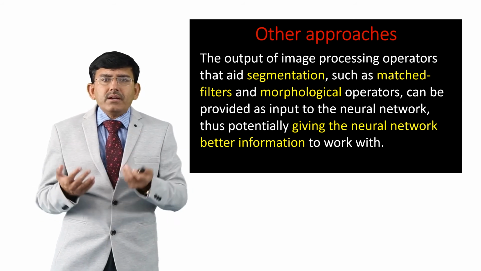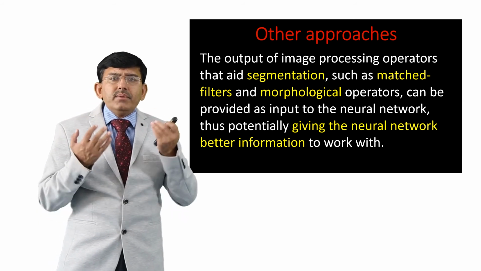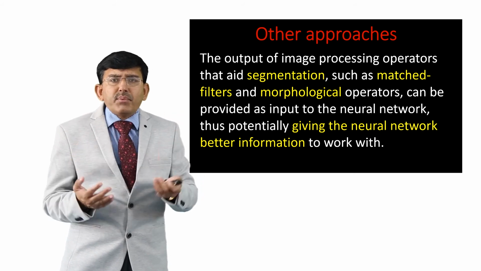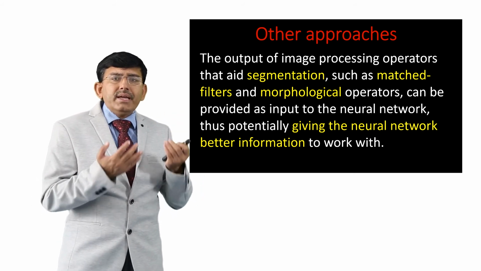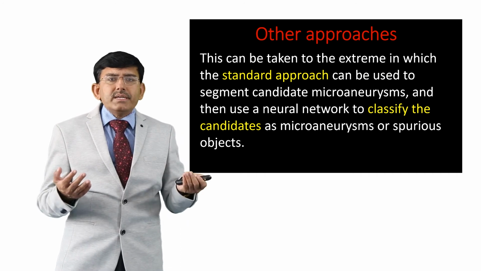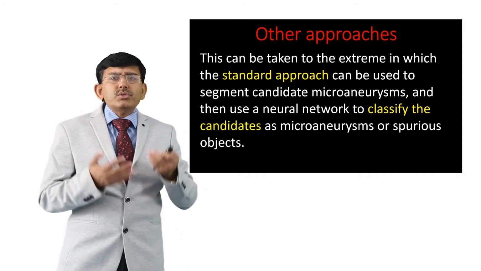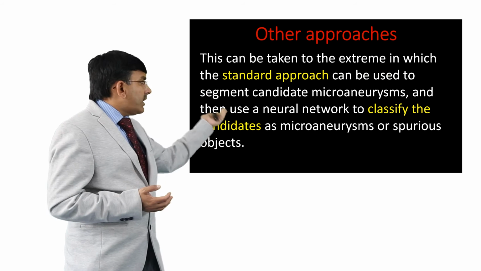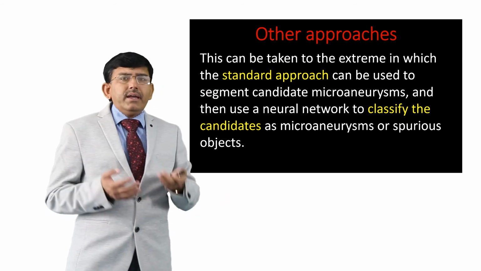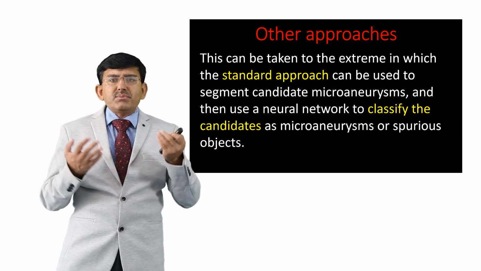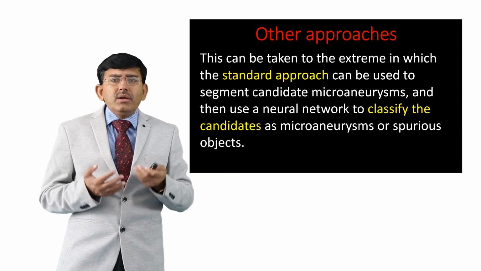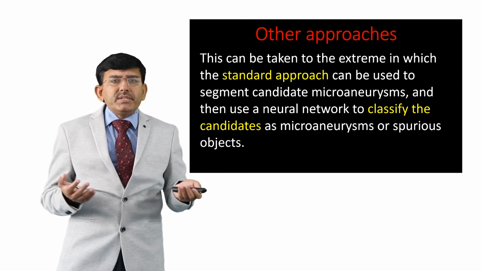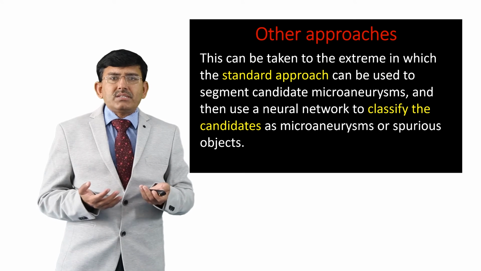This can be taken to the extreme in which the standard approach can be used to segment candidate microaneurysms and then use a neural network model to classify the candidates as microaneurysms or spurious objects present in the images.